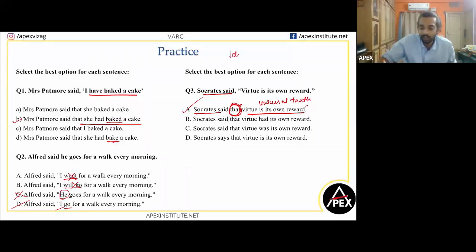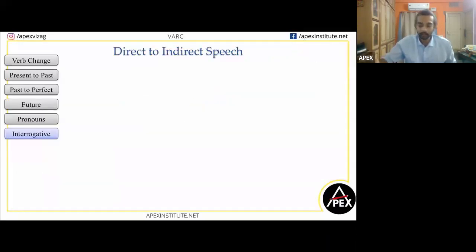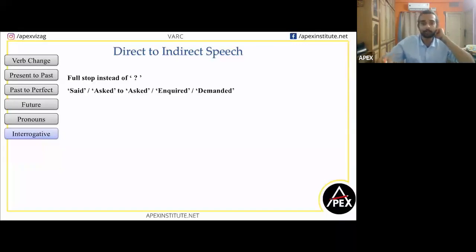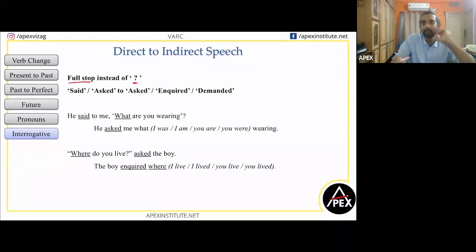So see, all idioms and phrases, we consider as universal truths. Okay. All right. Yeah. So next one is what will happen when you're taking interrogative verbs. Obviously, you'll get a full stop instead of a question mark. It's a very simple thing. Just let's look at a few examples. Once you look at a few examples, you'll be able to easily understand.